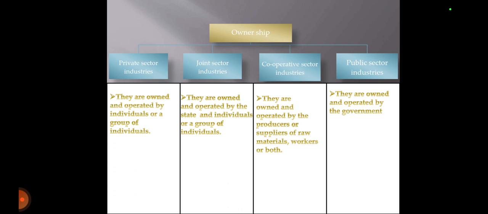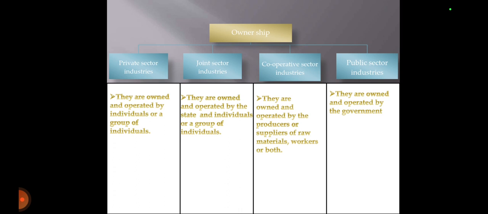Next is according to ownership: private sector industry, joint sector, cooperative sector and public sector. At first, private sector industries are owned and operated by an individual or a group of individuals.